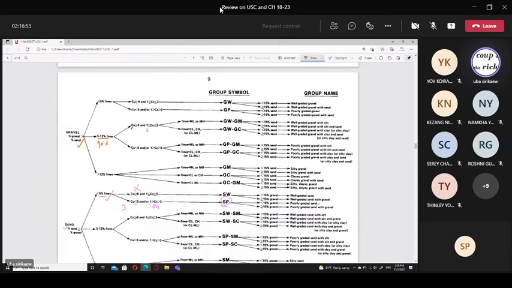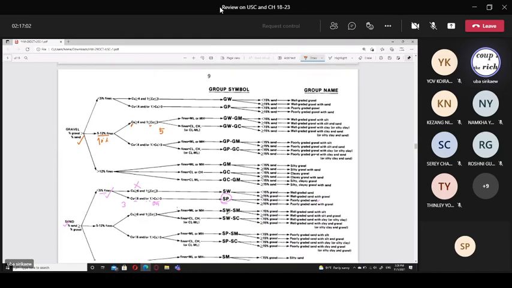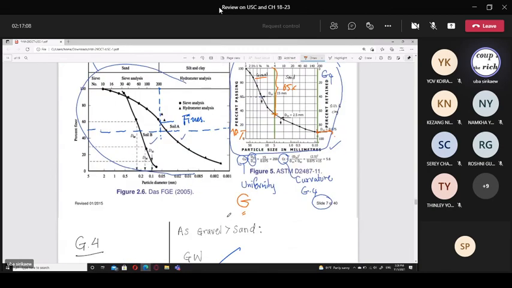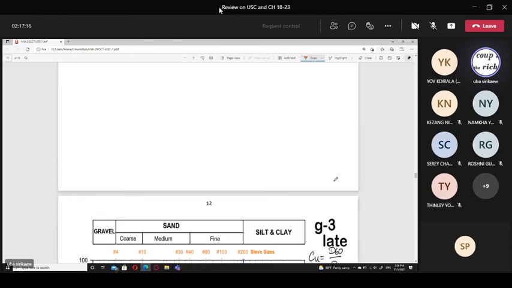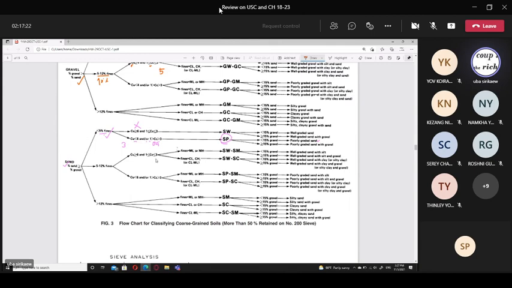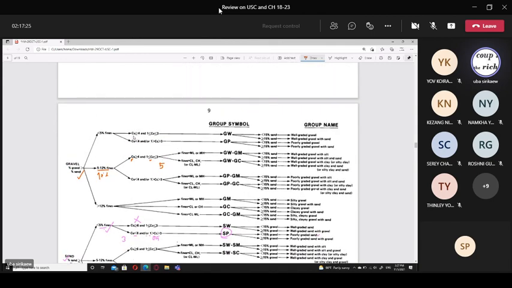Then you have to check CU and CC. What about CU and CC? CU is 200, but CC is 5.6, right? So it does not meet the requirement. CU is greater than 4, this is 200, but CC is 5.6.